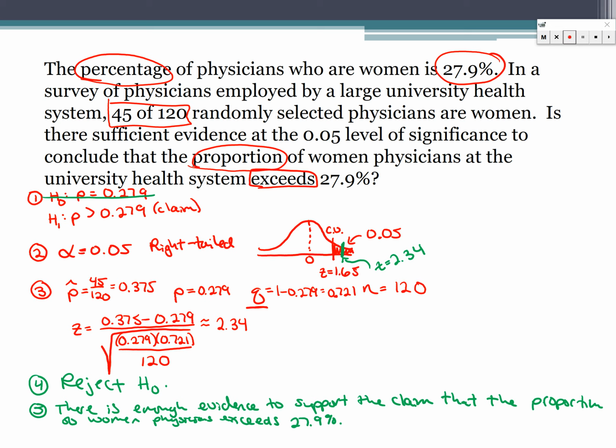And yes, you do have to state all that. It's not just good enough that there's enough evidence to support the claim. Well, what was your claim? We want to be specific. We want that nice complete sentence there.